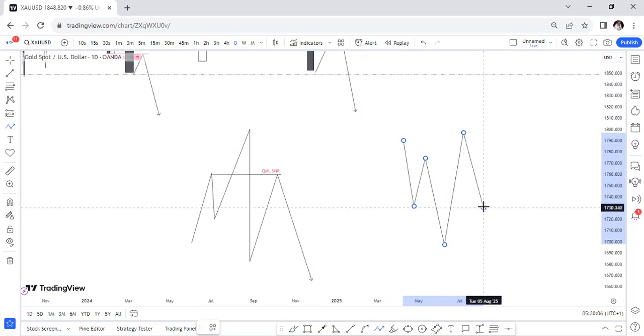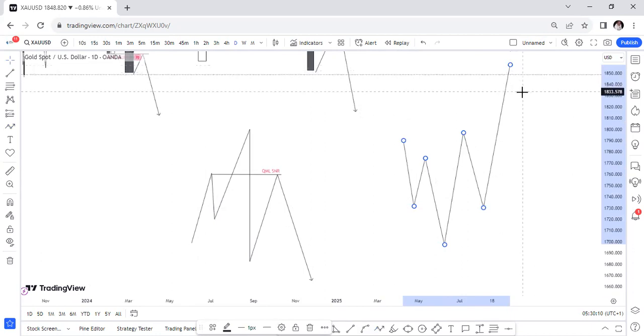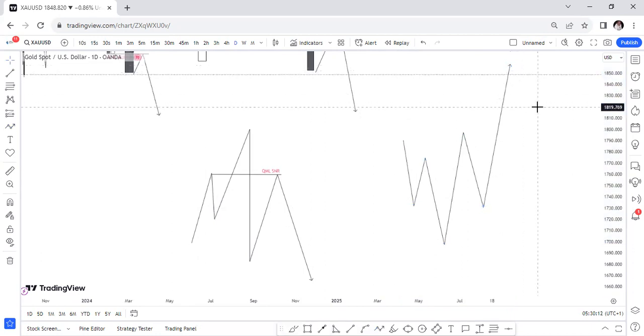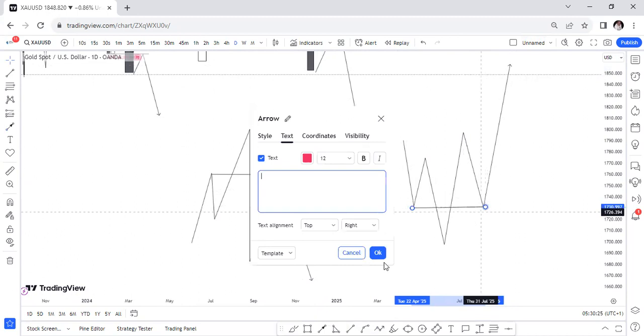They come back into this level. So we have this place as the left and right shoulder, the KML, right, the right shoulder.